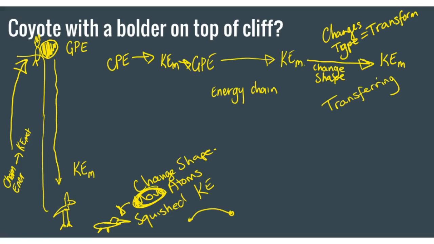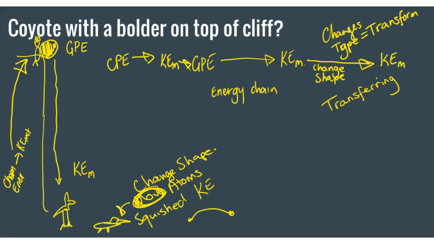And if you hear it whistling as it falls down, you've actually got some of that kinetic energy being lost as sound. And when the boulder hits Roadrunner or the ground, you're going to hear a great big splat as they squish, which means not all of that energy has actually been transferred into rearranging the atoms. Some of it got transferred into the sound of the squish.